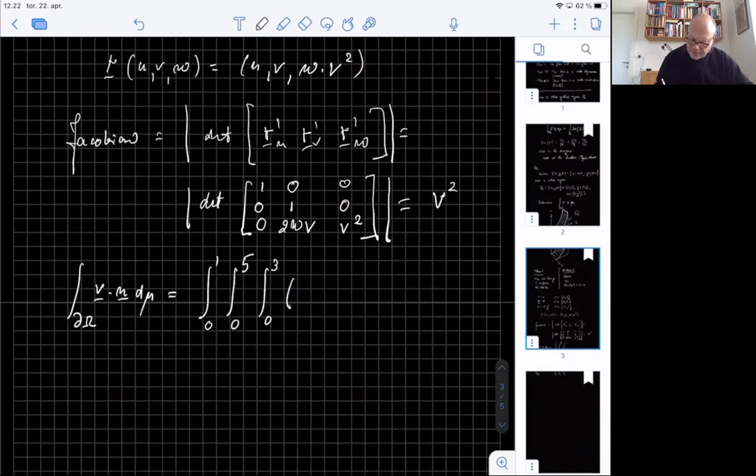The integrand is the divergence, which is 2 minus x, so that will be 2 minus u, times v squared, du, dv, dw.